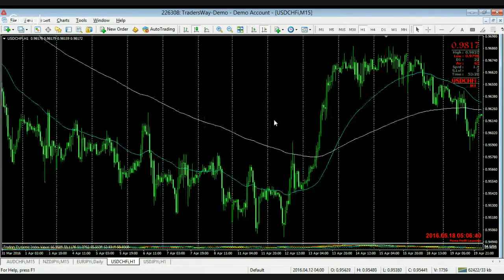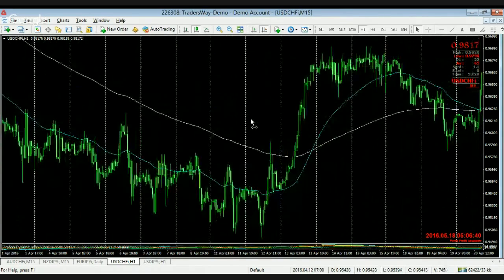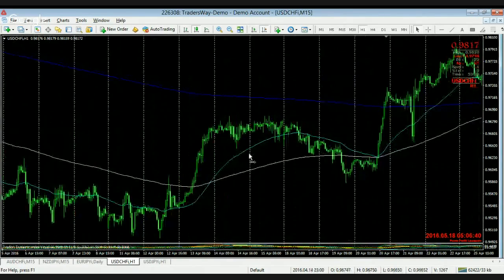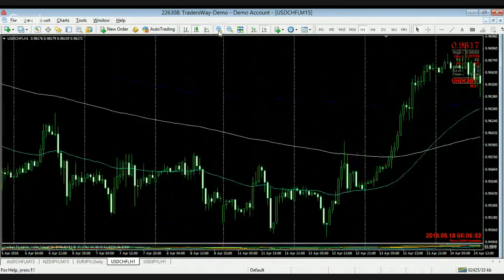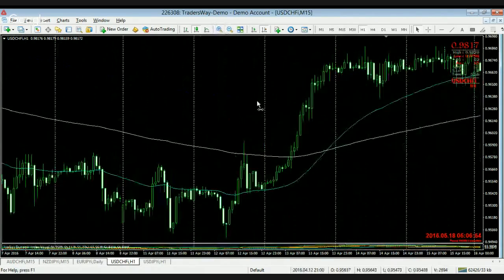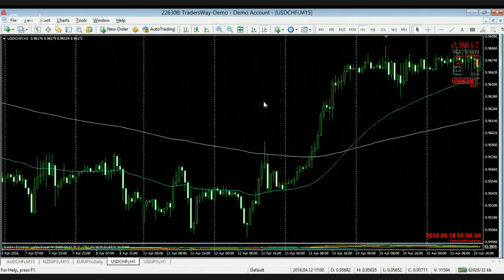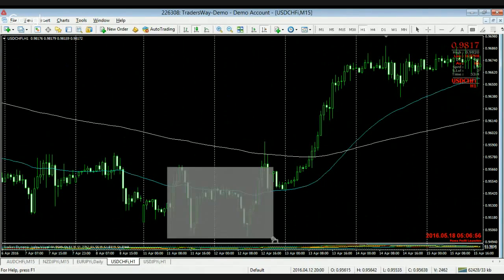Okay, so here we have a W formation. Highlight the area. W formations, M formations, 3 hits to the top, 3 hits to the low. They are formed off of peak formations.